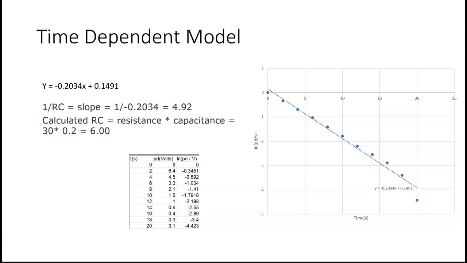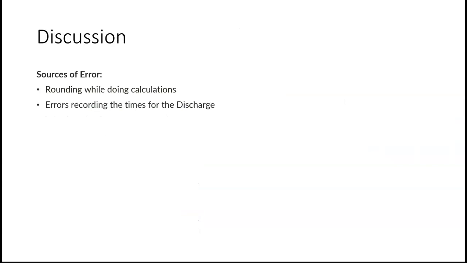When we use our formula and invert the slope value, we get an RC value of 4.92, which is somewhat similar to the one we derived analytically, with that being resistance times the capacitance, being 6. So they're somewhat similar. The source of error in this experiment could be the rounding we did during the calculations, and most importantly, the human error made while getting the time and the values during the discharge.